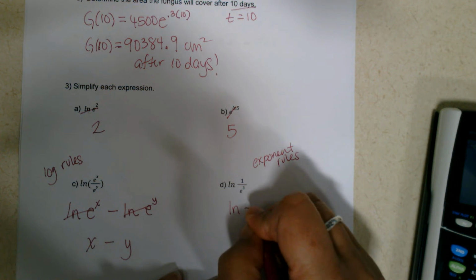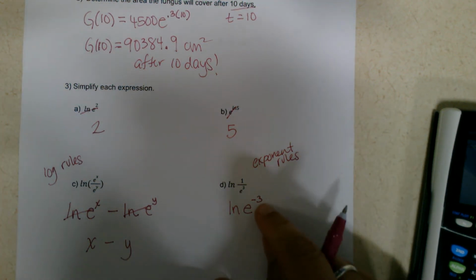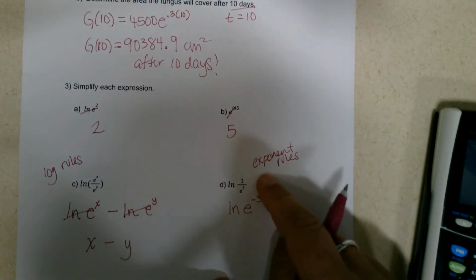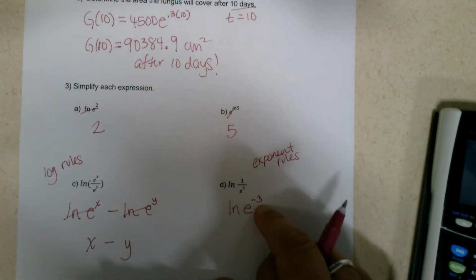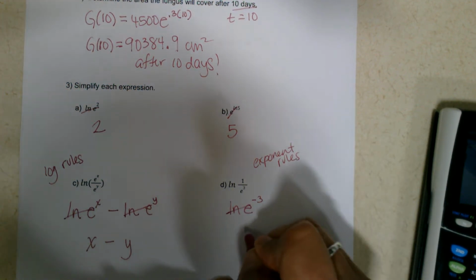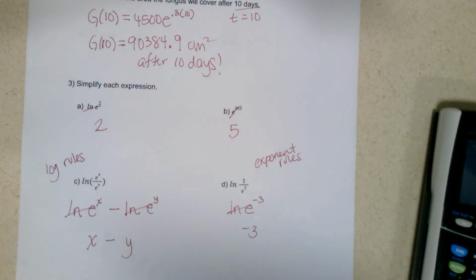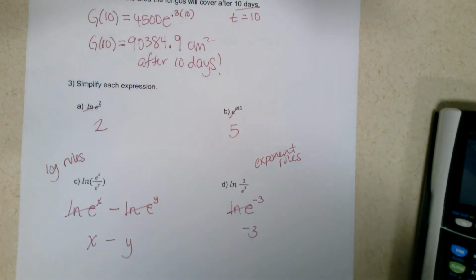In order to get it to the numerator, we need to give the exponent a negative. So now we flipped it up to the numerator, but this positive 3 became a negative 3. Now it's in the numerator. We can cross those out. The answer is negative 3. So it helps us to simplify expressions as well.